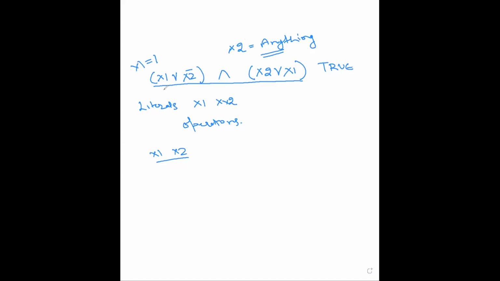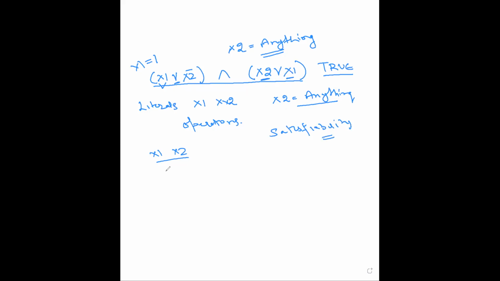For x1 equal to 1, there is no need to check the OR part because x1 is true. And here again, x1 is true. That means there is no need to check the value of x2. It can be anything, but it will return true. So that means this is satisfiable. This is the problem of satisfiability.